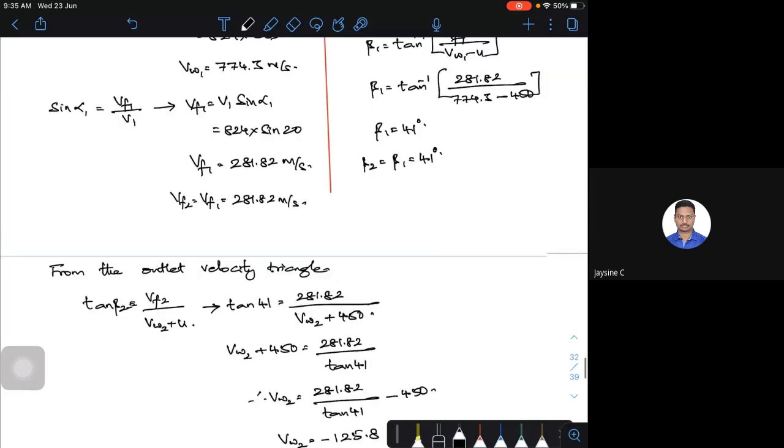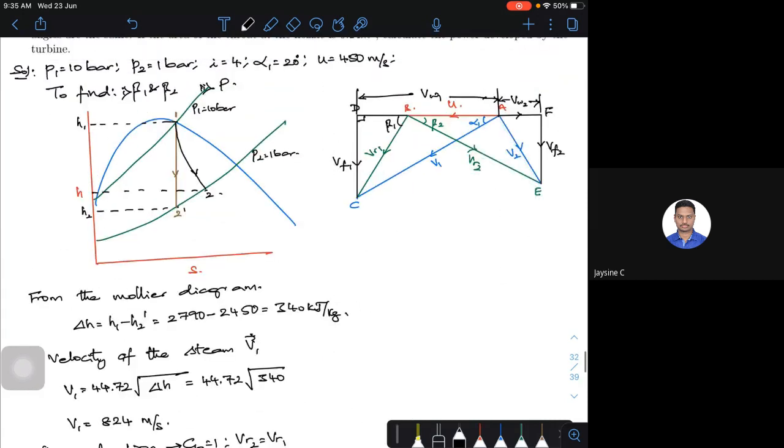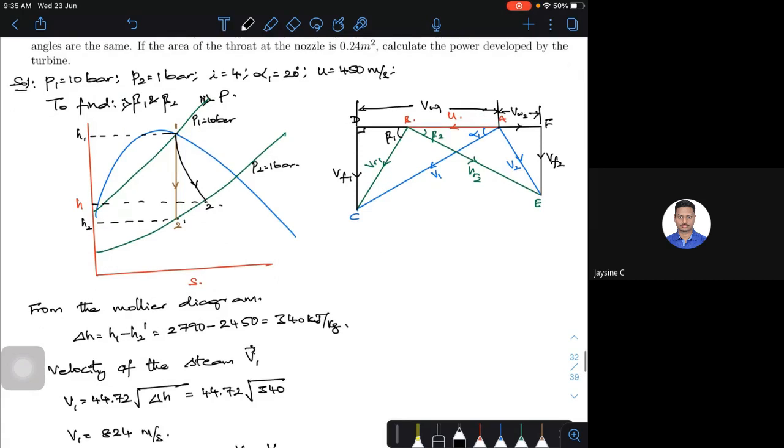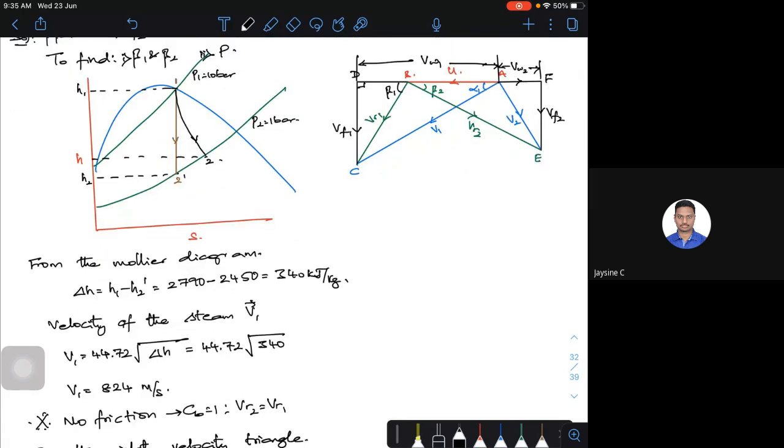So what do you mean by it actually? The velocity triangle will change. How will my velocity triangle look in that case? It will be something like this. If this is my U, this is my V1, this is my VR1.